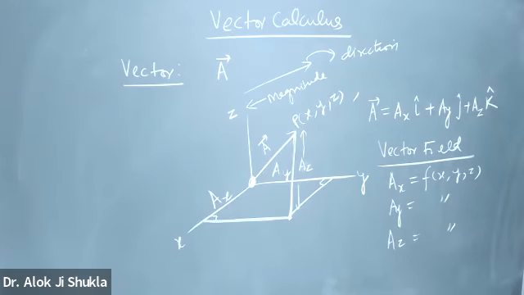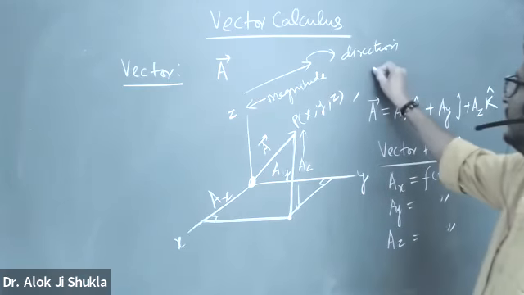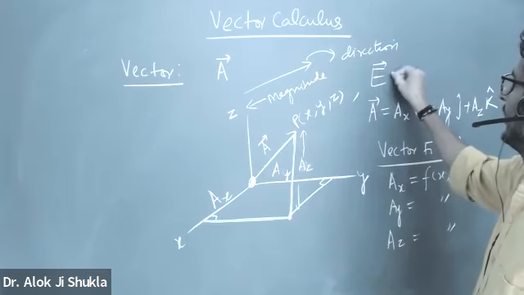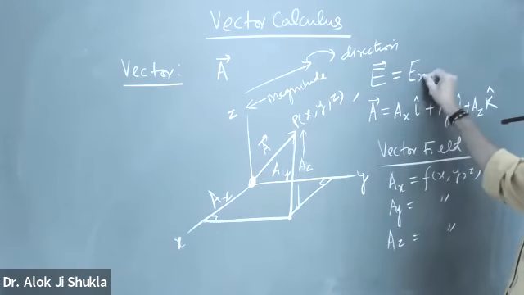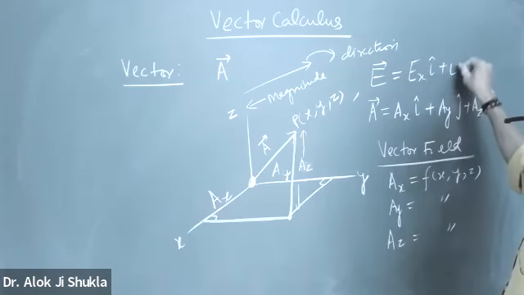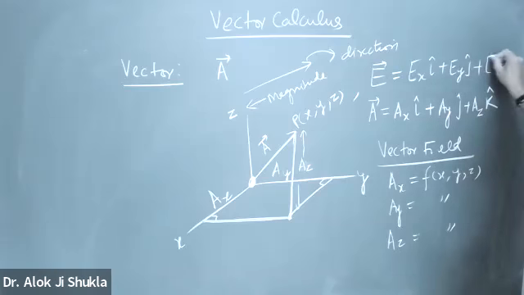For example, if A represents electric field, which is also a vector field, it will be Ex i cap plus Ey j cap plus Ez k cap.